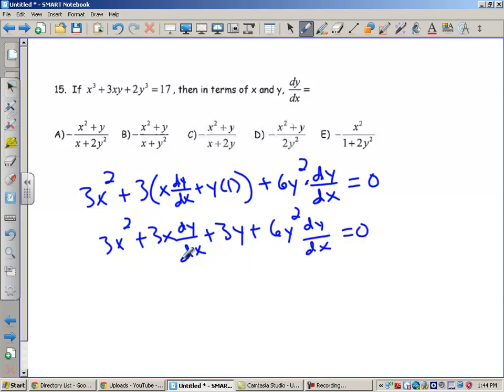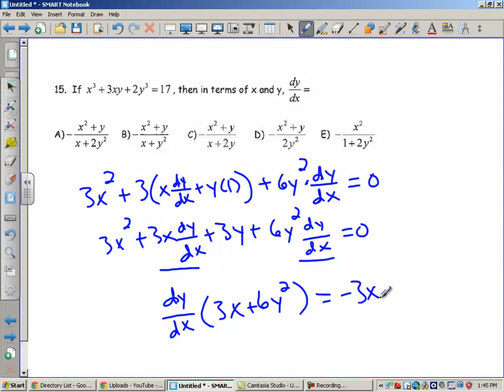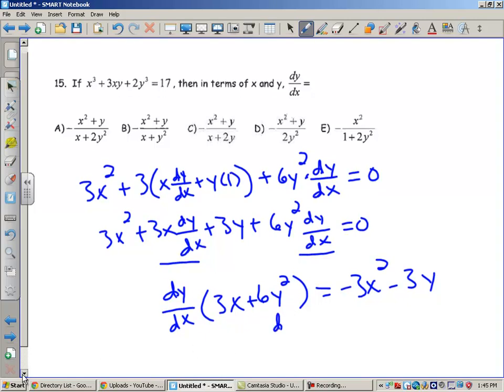So I'm going to leave these two terms on one side. I'm going to go ahead and factor out that dy/dx, which will leave me 3x plus 6y squared. And then on the other side, I'm going to take the 3x squared and the 3y.